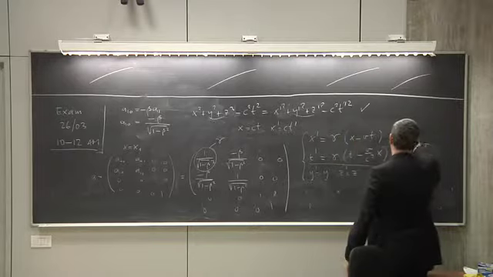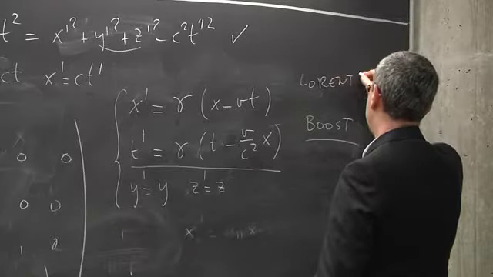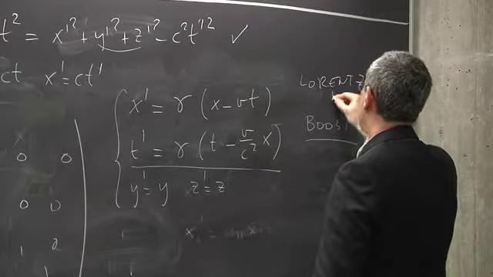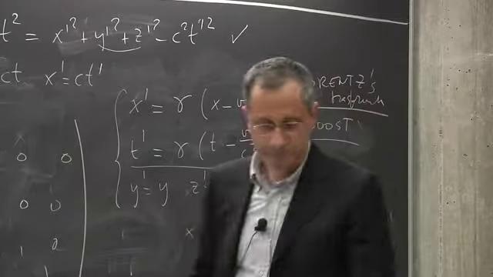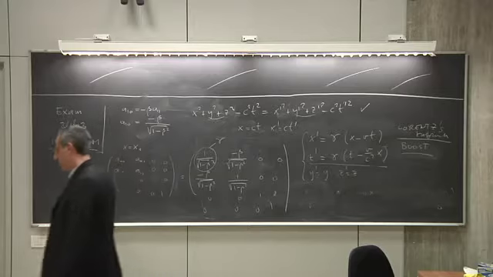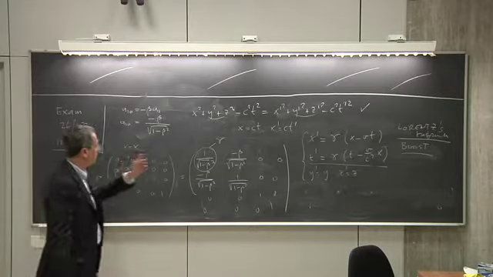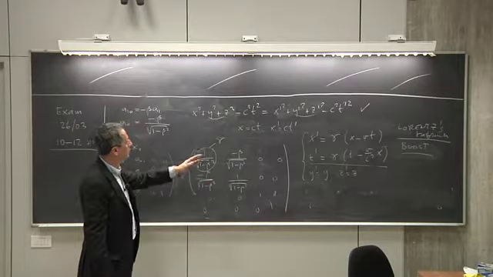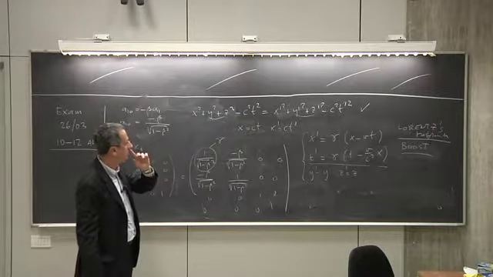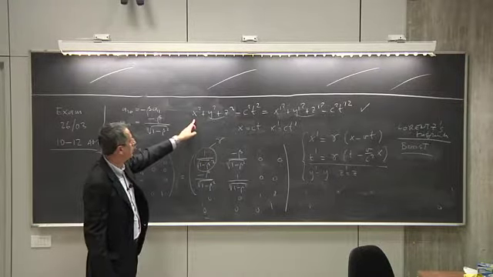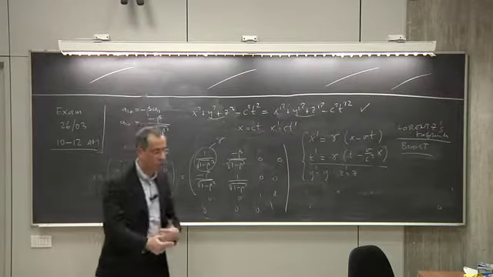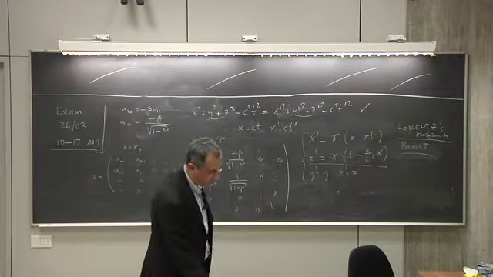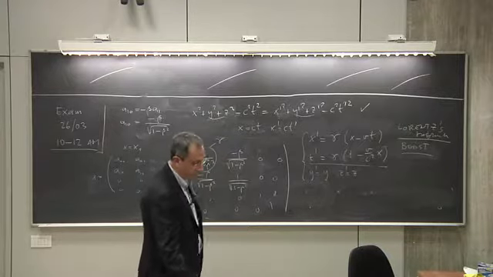And of course, this is a Lorentz transformation. They are the transformations that leave, as I show here, the general shape of the wave unchanged as you change from a frame moving with respect to the other with velocity v.